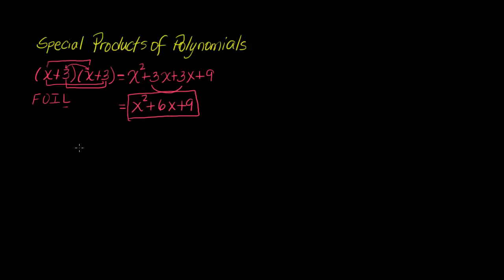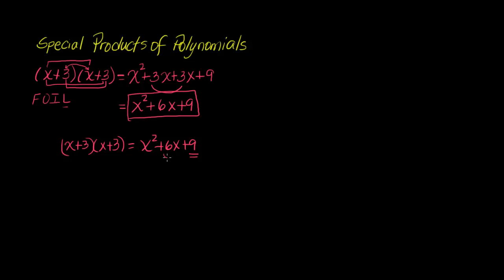Now, let me write this down here more nicely. x plus 3 times x plus 3 equals x squared plus 6x plus 9. Now, here's the pattern that you should notice. This last number in the trinomial, which is the constant number, comes out of squaring this 3. 3 squared is 9.